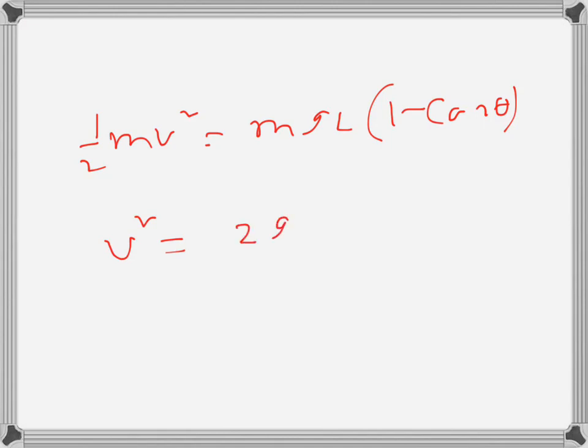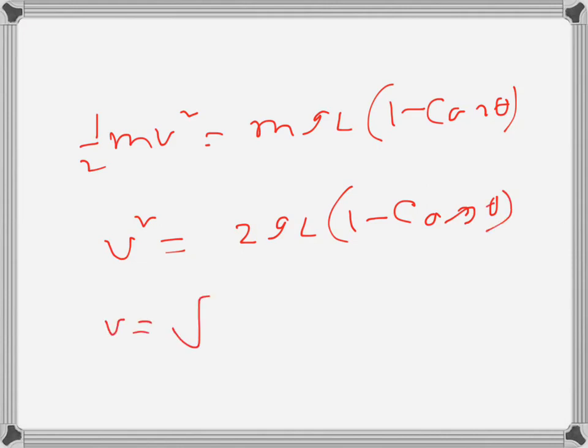So half mv squared is equal to mgL times 1 minus cos theta. We actually don't need m. v squared is 2gL times 1 minus cos theta.